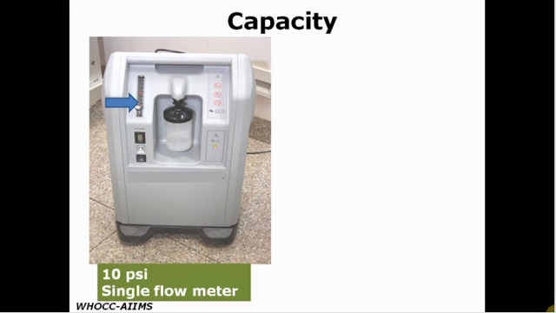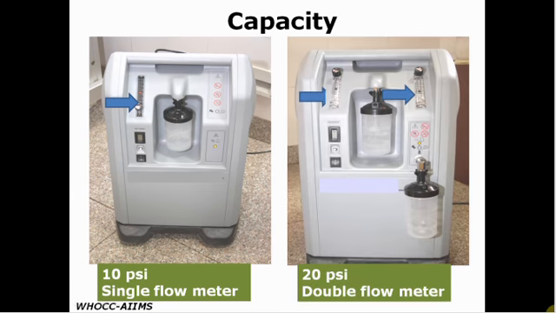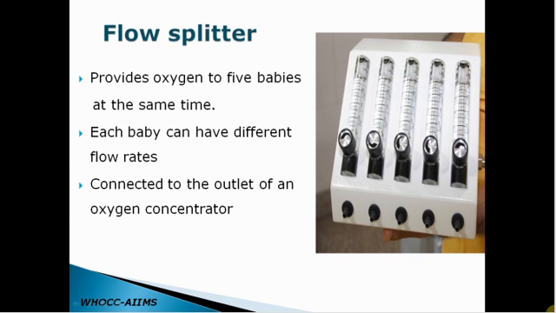The capacity of oxygen concentrator varies. This concentrator produces a 10 psi pressure and has a single flow meter, while this oxygen concentrator produces a 20 psi pressure and two flow meters can be used with this concentrator. A flow splitter is a device which splits the flow of oxygen to multiple babies.